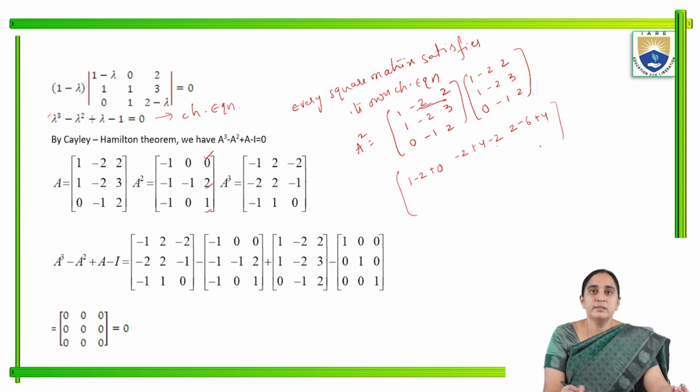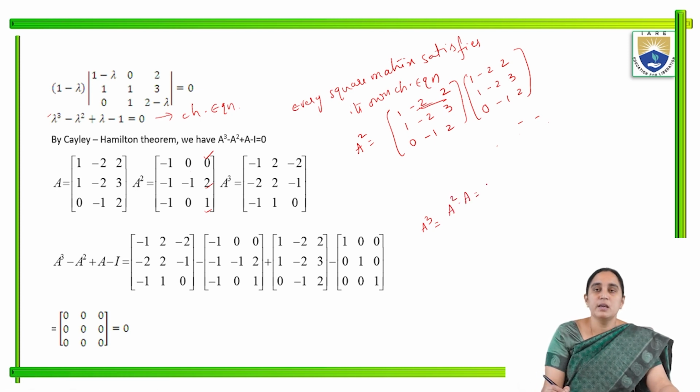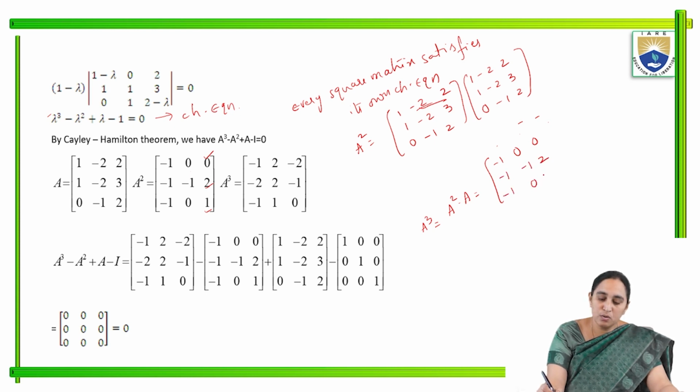From A square, we have to take A cube. A cube is equal to A square into A. What about A square? It is [-1 0 0, -1 2 -1, 0 1 ...] into A, where A is [1 -2 2, 1 -2 3, 0 -1 2].